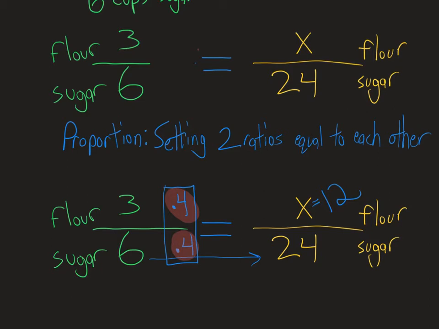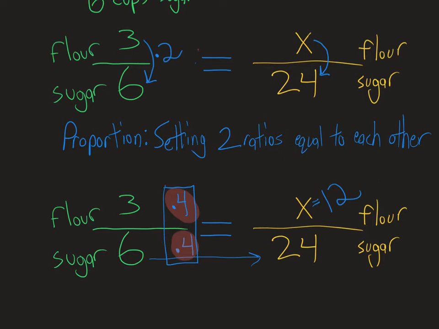We can also look top to bottom. I can ask myself, what turns 3 into 6? Okay, what's that multiple? And hopefully, really easily, we see 2. Well, it turns out that'll also be a true relationship on the other ratio, the other fraction.